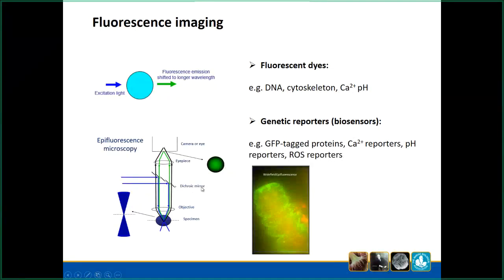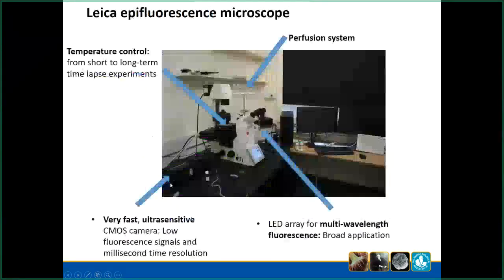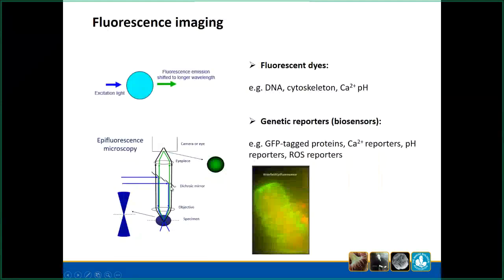We call it a dichroic mirror, and that mirror reflects short wavelength light and lets longer wavelength light pass through. So the longer wavelength emission from the specimen can pass through the mirror and be focused by the microscope eyepiece, for example, on your eye or on a camera.